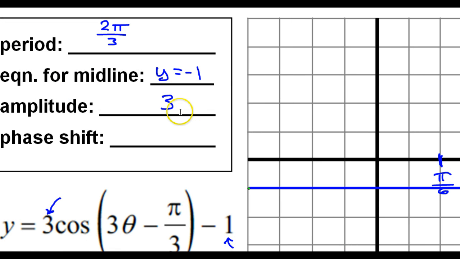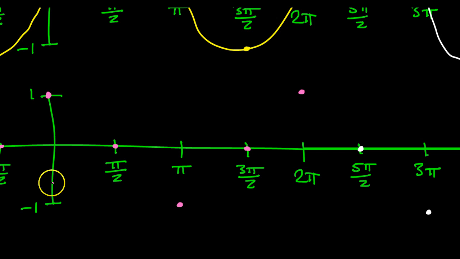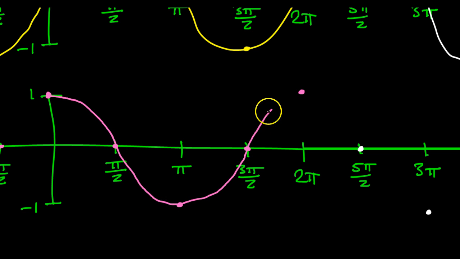Now, because the amplitude is 3, and because we're dealing with a cosine function, the cosine function usually works like this when there are no transformations. It starts off high, and then goes low, and then comes back again.